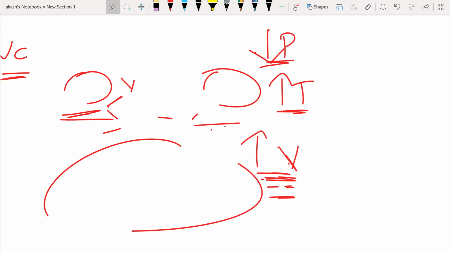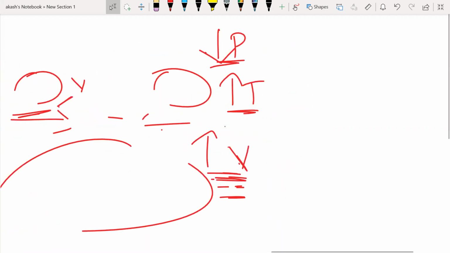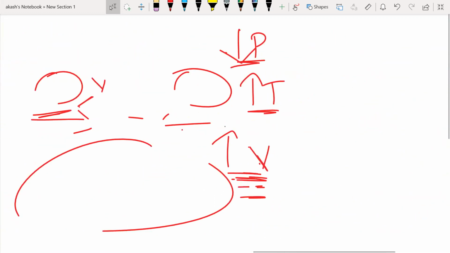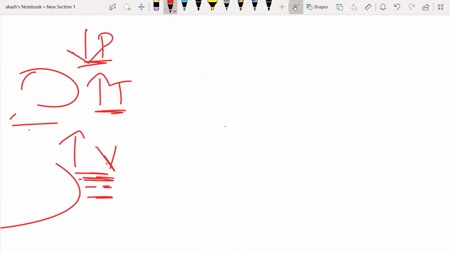Okay, fine. So what I was telling, there are a few more points left about liquefaction. Next thing is, again, mathematically we can derive this for easy liquefaction.